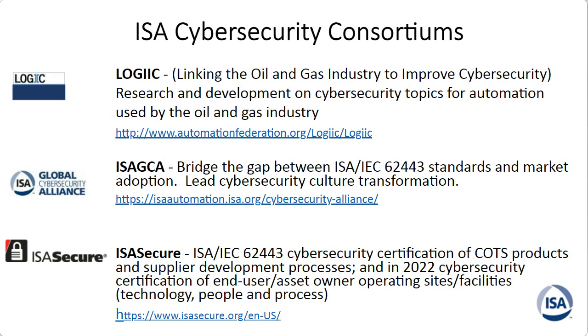Another organization which we stood up 2 years ago was the ISA Global Cybersecurity Alliance, and its mission is to bridge the gap between the 62443 standards and market adoption. The standards really provide the best practices, policies, and procedures as a basis for securing our critical infrastructure.